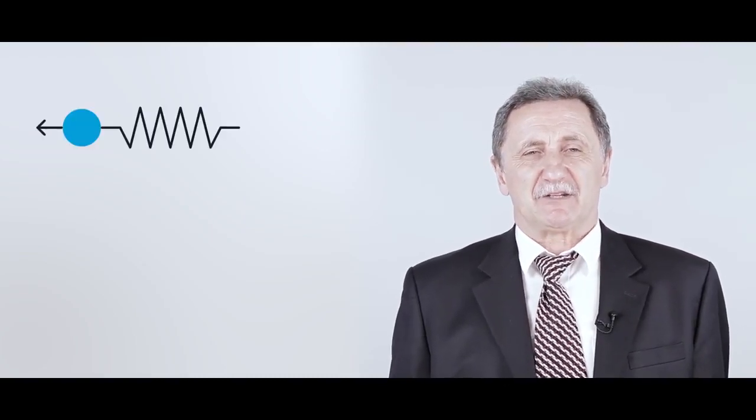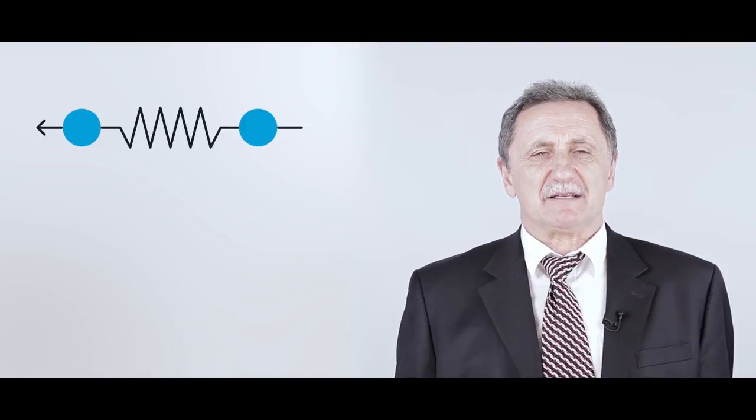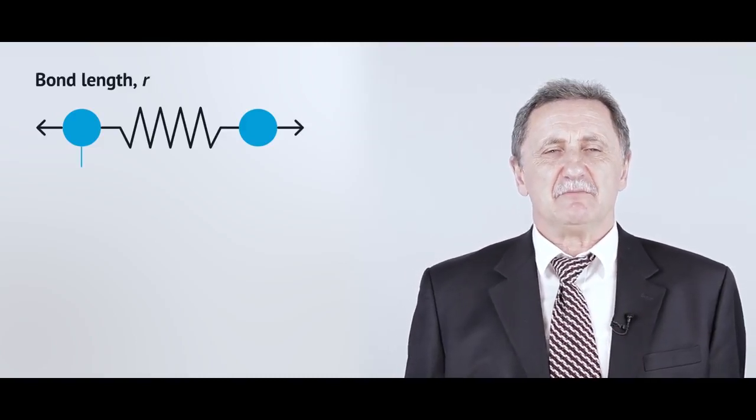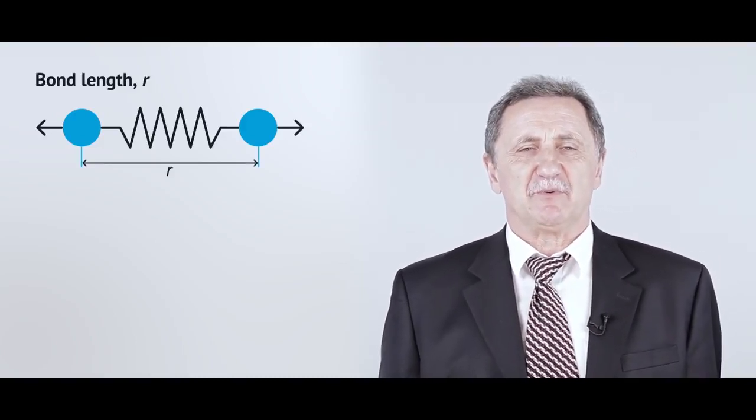Now we can come to the picture of the atomic bond. We have two atoms in equilibrium, so there is a distance R0 between them.